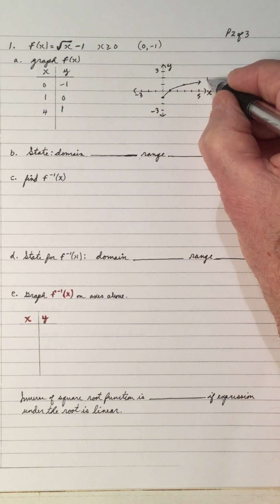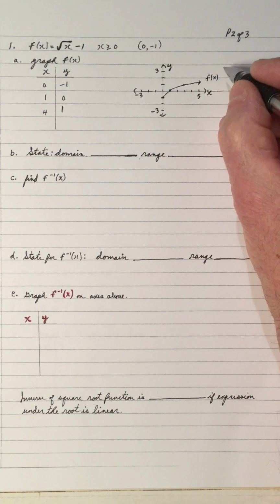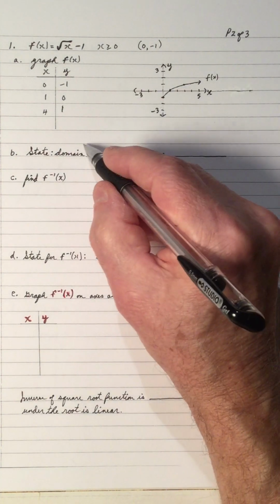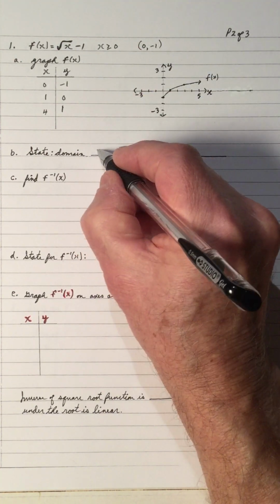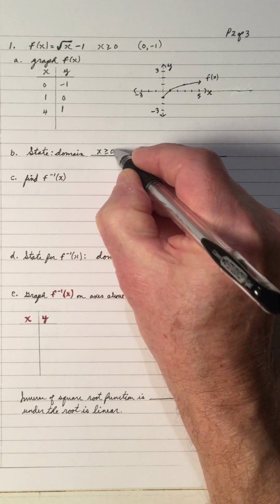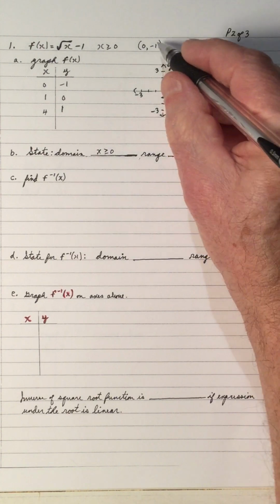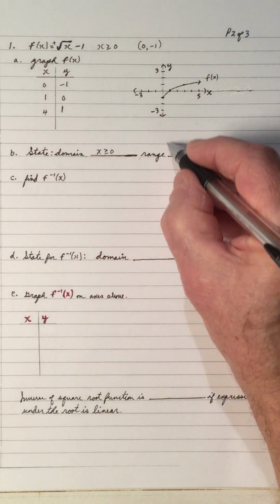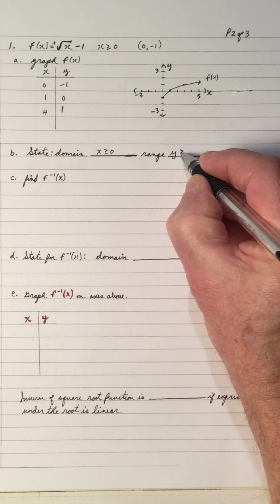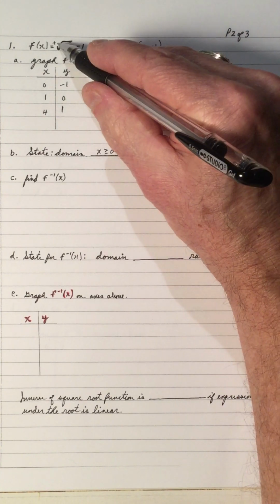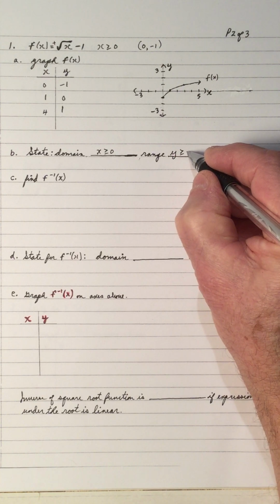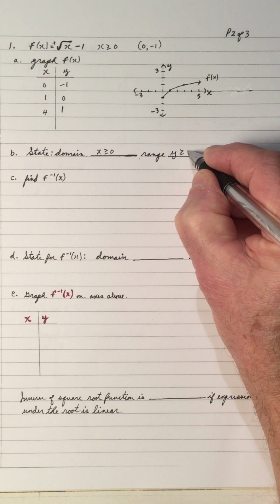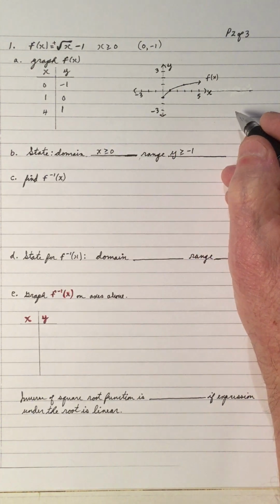So that's the f of x. The domain is x is greater than or equal to 0, and the range starts at a negative 1, and because this positive root is going up, the range values are y is greater than or equal to negative 1.